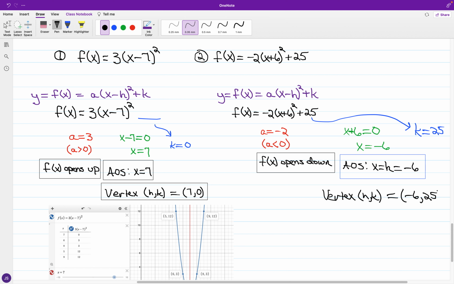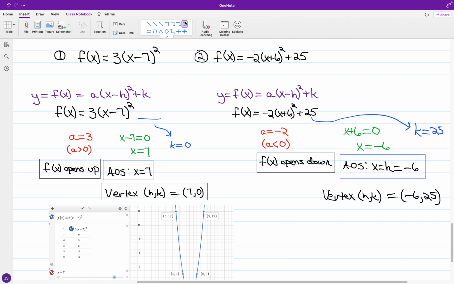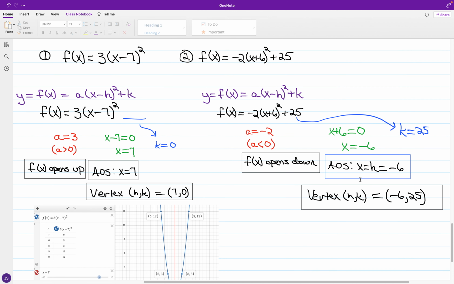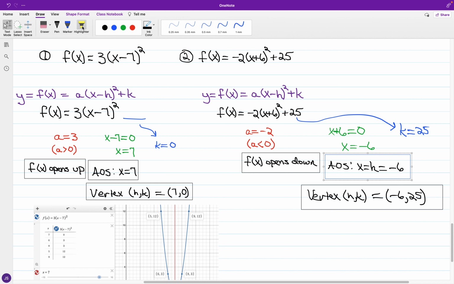So with this ordered pair, we're going to end up at -6, 25. All right.